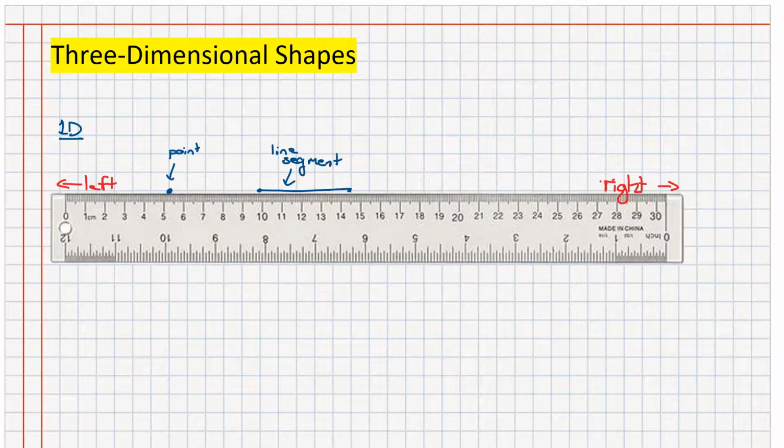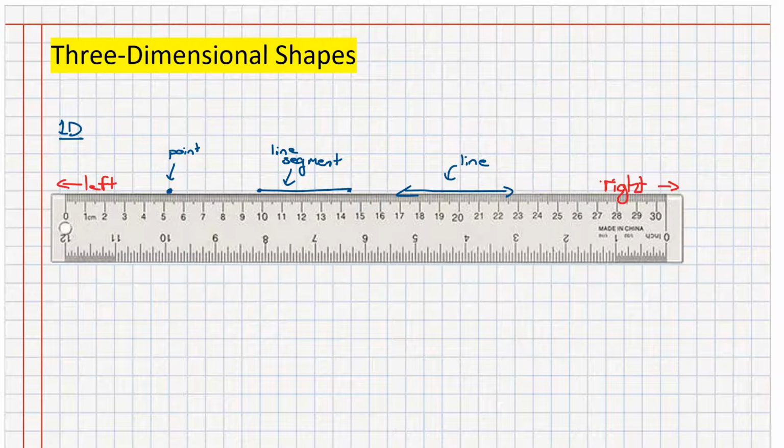Or if we drew a line that had neither a start nor a finish, then what we'd actually get is simply, as I said, a line. So with a one-dimensional space, we only have three real shapes that we can draw. We can draw a point, a line segment, and a line.